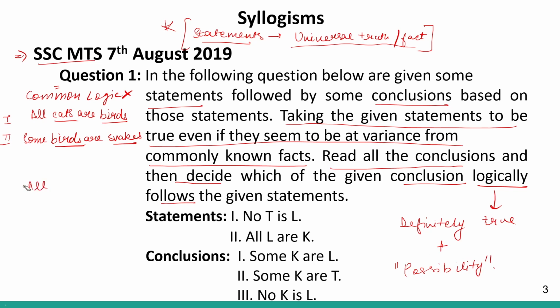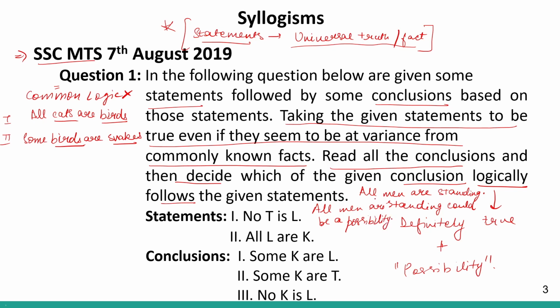There is a difference. If it is written, for example, all men are standing, and another says all men are standing could be a possibility, the meaning of the sentence changes.